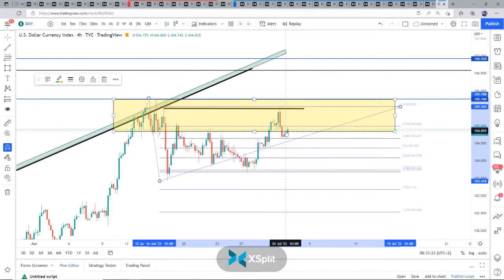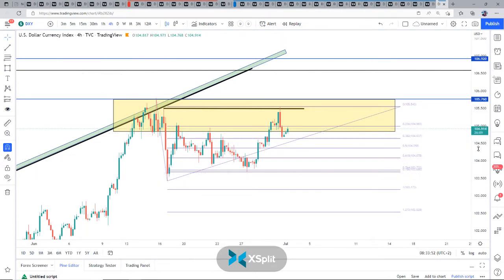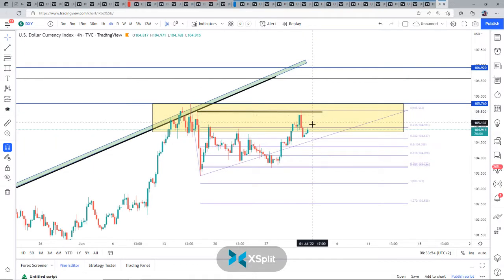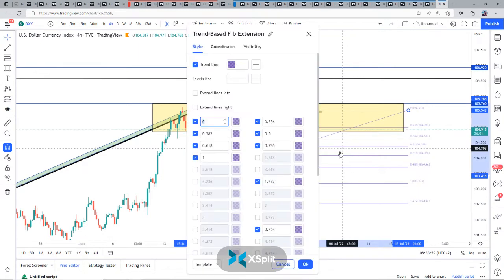So those two small moves inside here seem to be confirming this ABC is in place, because we respected it here on the bottom of yesterday, and we look like we are respecting this 236 here on the upside. So that's the way we can have a clear or better indication about what's going on, and if we are respecting the structure we are looking at. This one will be validated only after some move down, and we can use those levels here, and we put them in the middle.